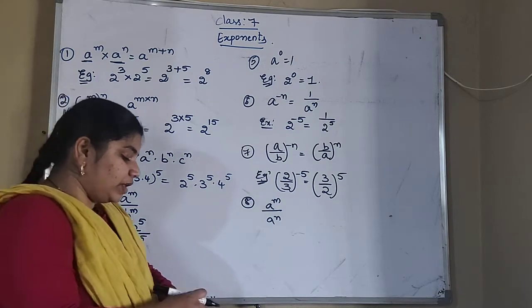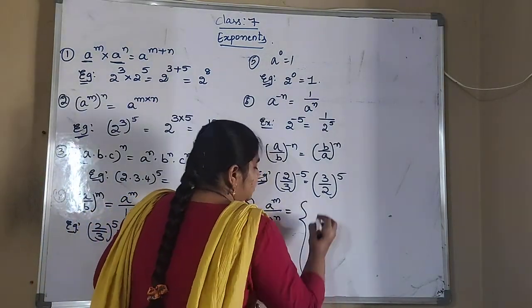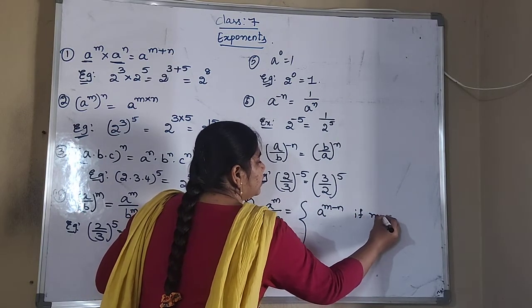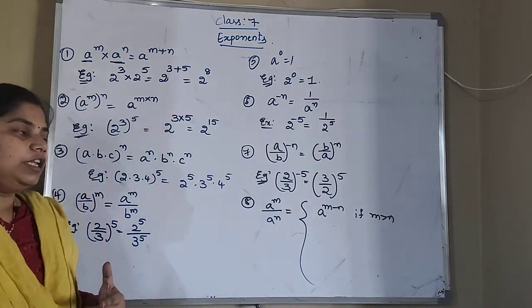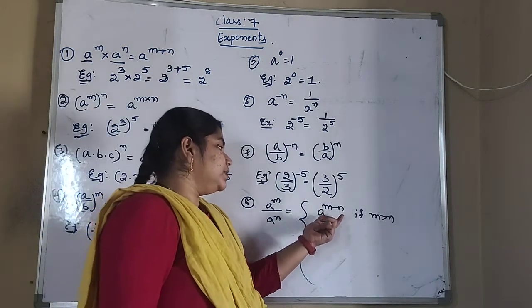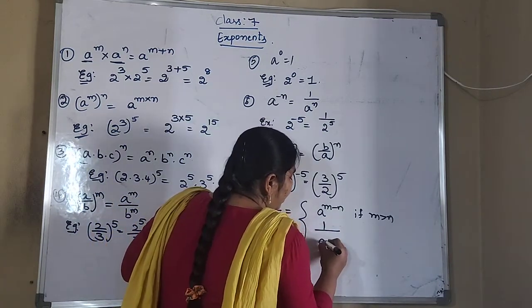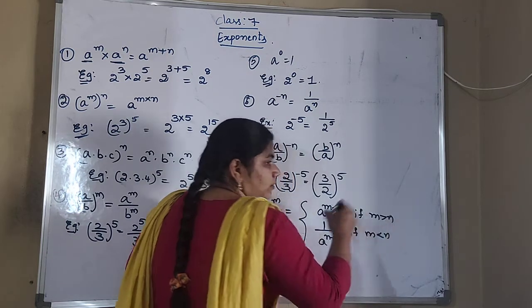For this we have 3 formulas for a single expression. What is that? That is a^(m-n) if m is greater than n. Whenever the m value is greater than the n value, we apply this formula, a^(m-n). Next is 1 / a^(n-m) if m is less than n.